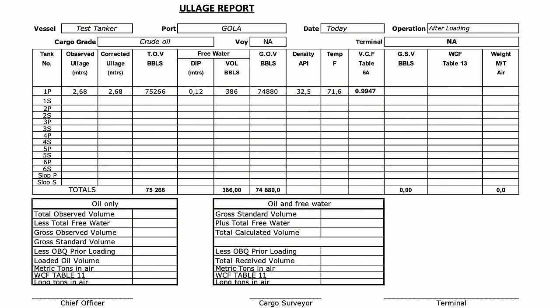Multiply the volume correction factor by the gross observed volume. This is the gross standard volume.